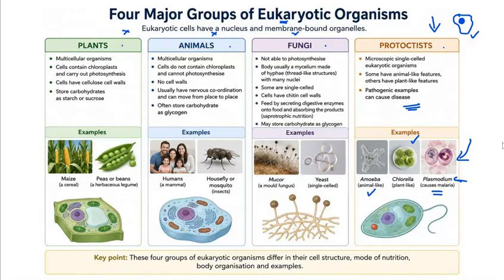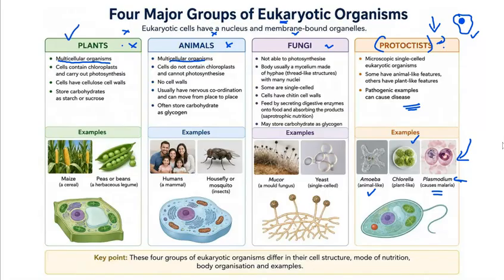So let's take a look at the other three major groups. Unlike the Protoctista, which are single cells, these three groups are all multicellular organisms. They are made up of many cells. The groups are different from each other in the characteristics that they show and the structures that we find in their cells.